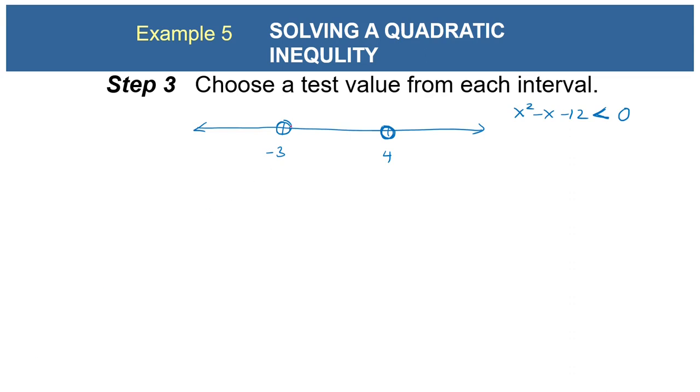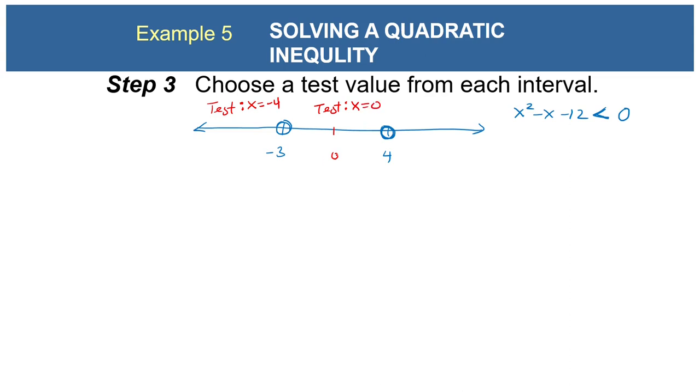So let's pick a good number to the left of negative 3. You can pick whatever you want. I'm going to test x equals negative 4 because that's to the left of negative 3 in our first region or interval. Let's test another number. What's a good number between negative 3 and 4? I'm going to test x equals 0.